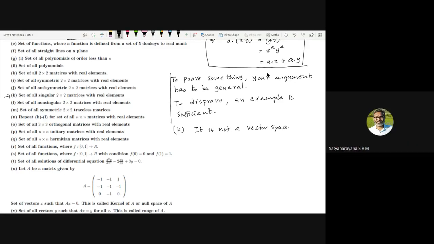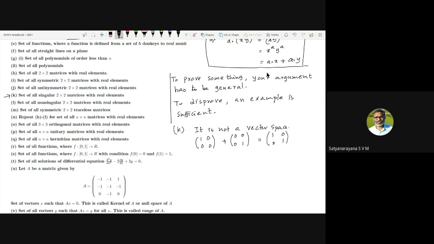So now I have to take simply two singular matrices. Singular means what? Determinant is 0. So I can take two examples. Let's take [[1, 0], [0, 0]]. This is a singular matrix, and then I have [[0, 0], [0, 1]]. This is another singular matrix. Then the addition of these two is this.